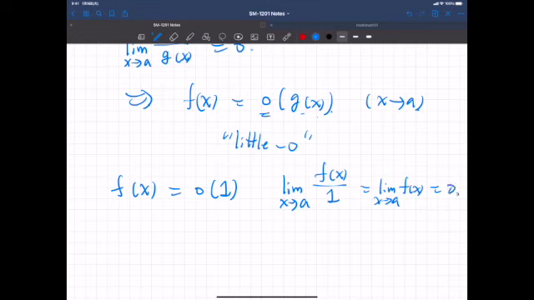So as x approaches some value, just say a in this case, if f of x is little o of 1, this means f of x approaches 0 faster than 1 approaches 0, which never approaches 0, of course. So this means f of x converges to 0. Okay.